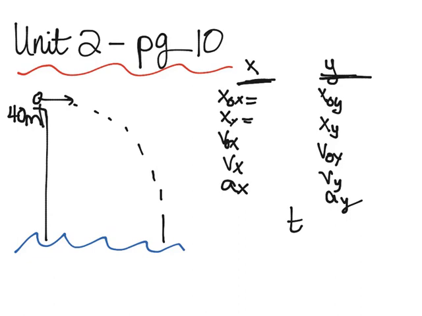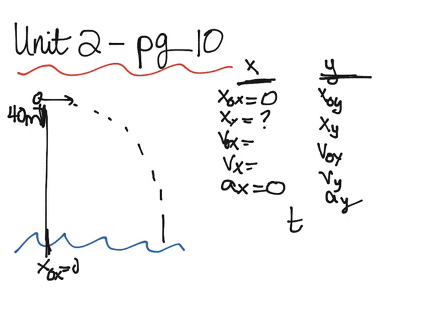We can start our initial x position as x naught x equals 0. xx we don't know. v naught x we are also not given in the problem. vx also not given, but we know that ax is equal to 0.